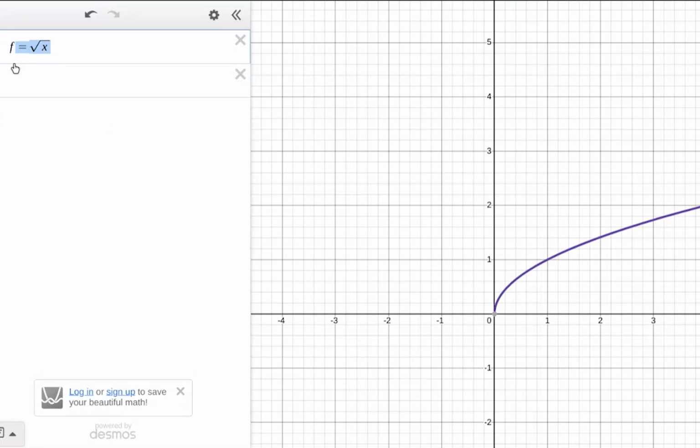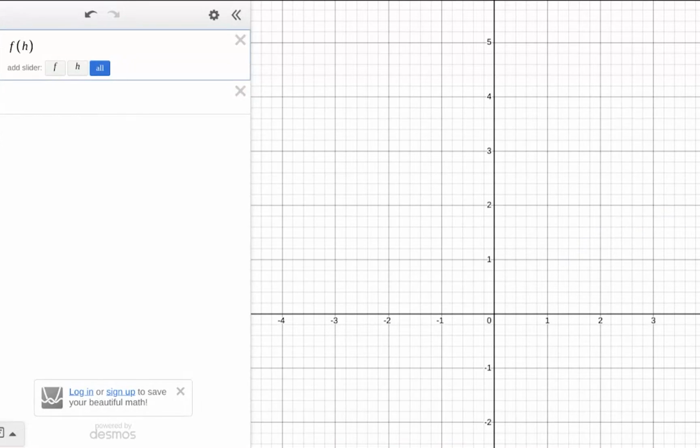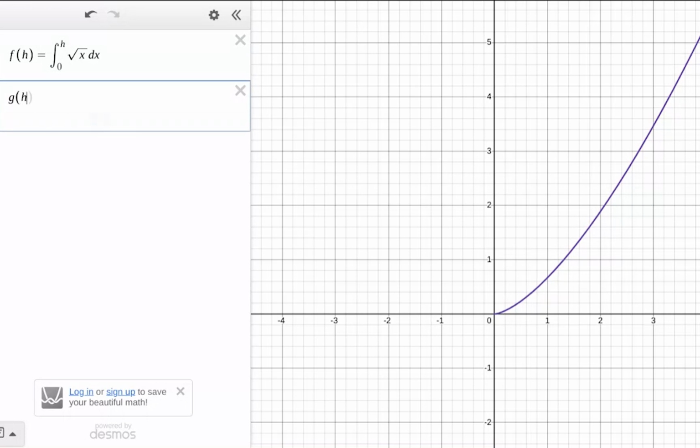So f of h is the integral from 0 to h of root x dx, and g of h is the integral from h to 4 of root x dx.